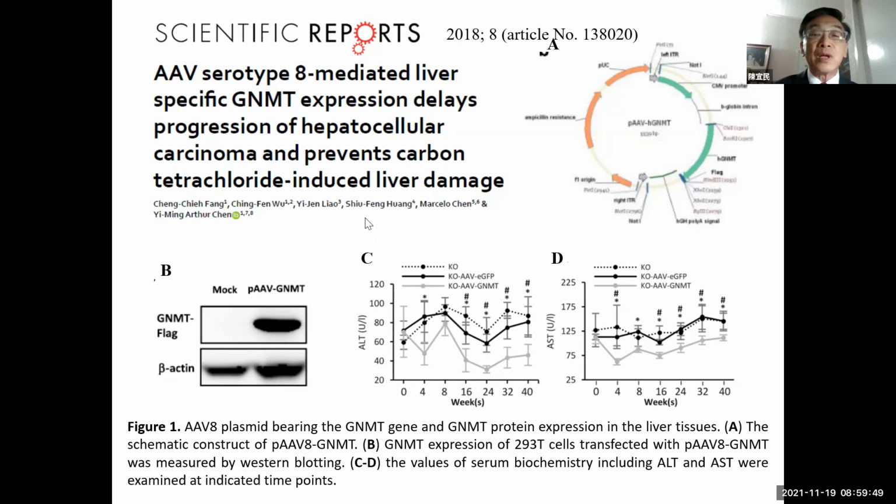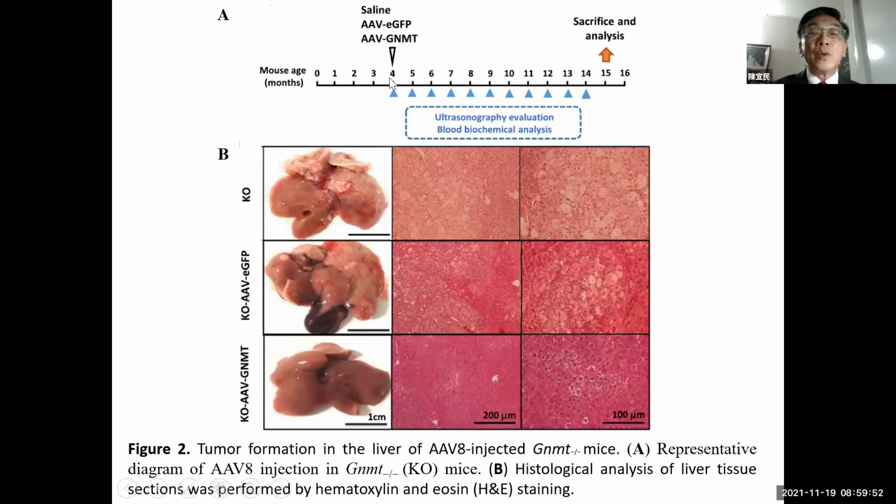We generated AAV constructs, either GMT or EGFP, and treated the mice at 4 months old, then followed up for 11 months and sacrificed. Of course, every month we used ultrasound to monitor, and also blood biochemical analysis.